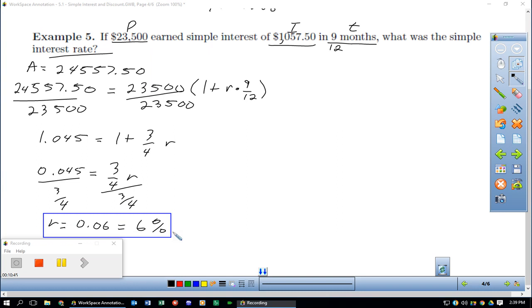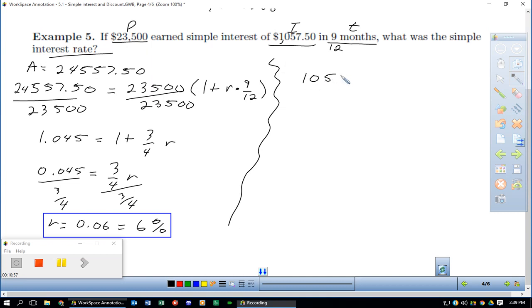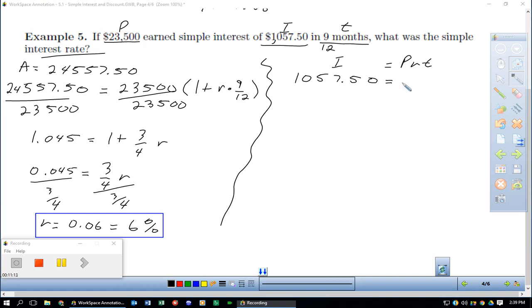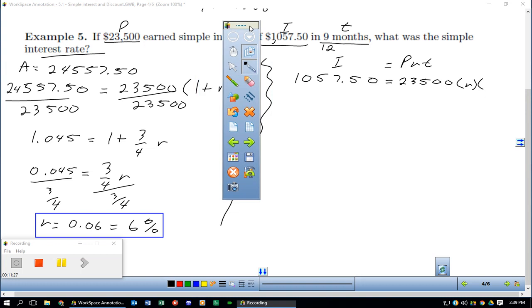Honestly, that's the first thing I think of because we've just been dealing with that formula. However, there is a little bit simpler way. We have P, I, and T, and we want R. Interest equals principal times rate times time, so 1,057.50 equals 23,500 times rate times 9 out of 12.